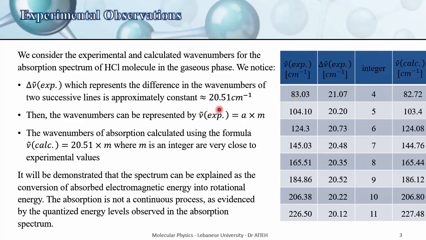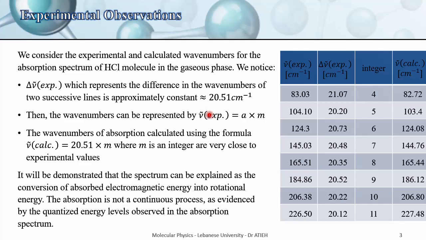Again, multiply 20.51 by 5, and you will get a value very close to the experimental value. So we can assume that this empirical formula is somehow okay to deal with, but we still don't know the origin of this formula.